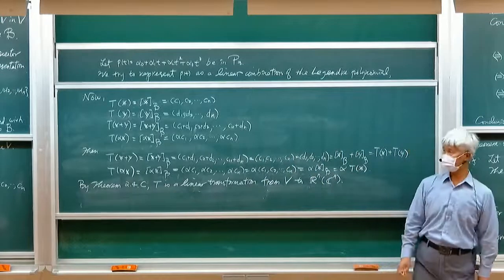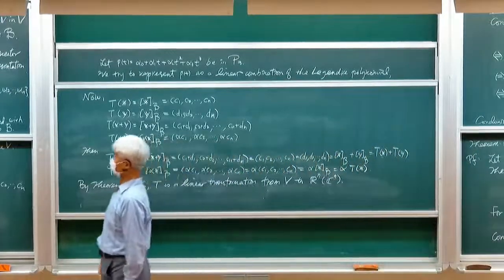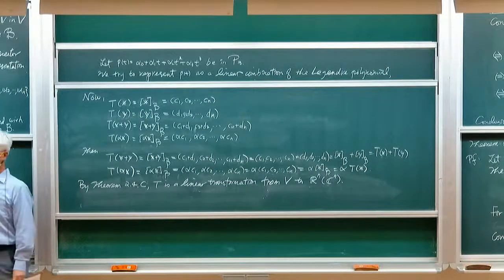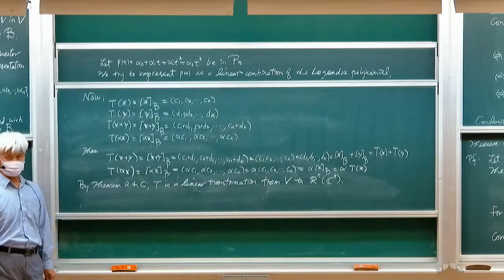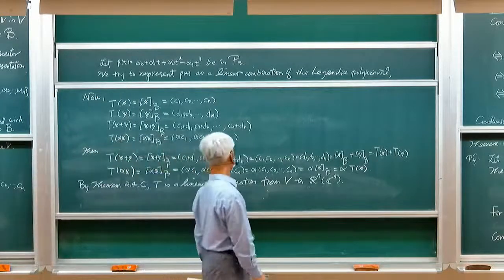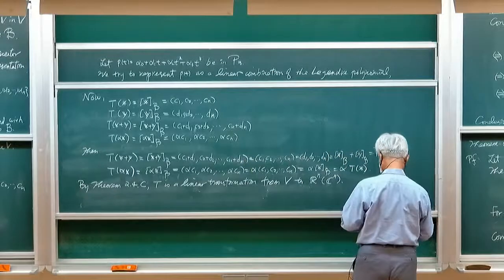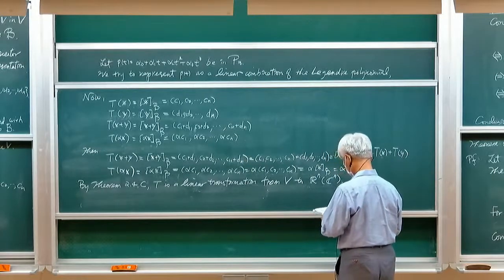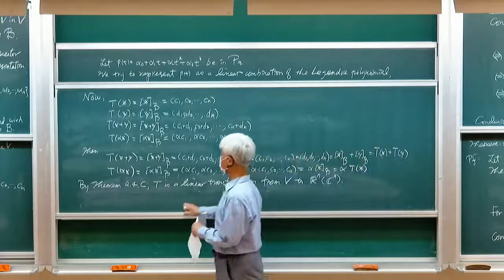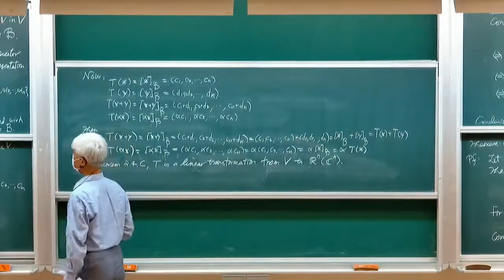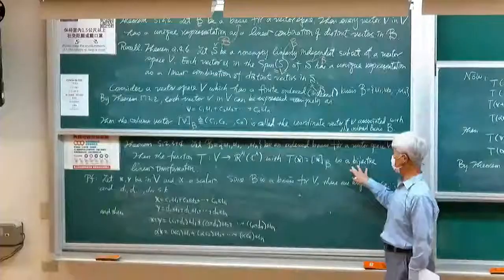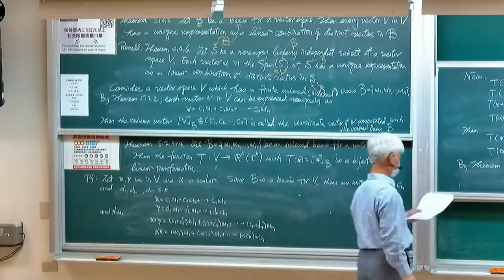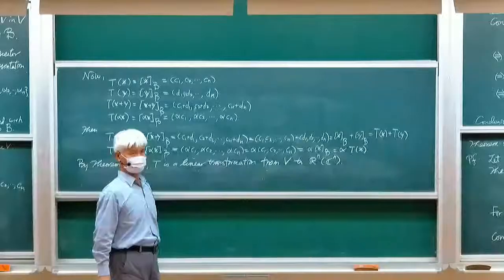So now we have established that forming the coordinate vector is a linear transformation. Okay? Now we have to show that this linear transformation is bijective. So we have to show that it is onto and one-to-one.